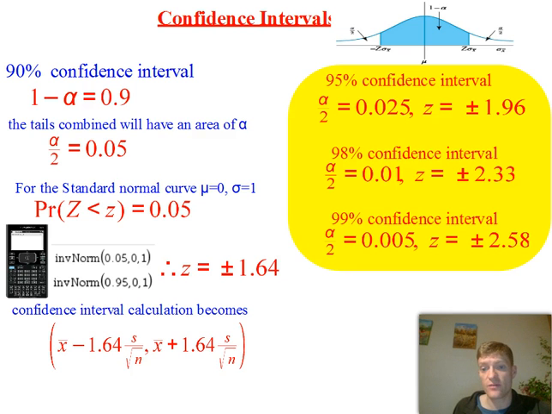A 98% confidence interval is going to give you a z-score number of 2.33, and a 99% confidence interval is as high as 2.58. Okay, so a little important table there to remember or to record in your summary notes, and it's a good little thing to look up when you're forming confidence intervals.